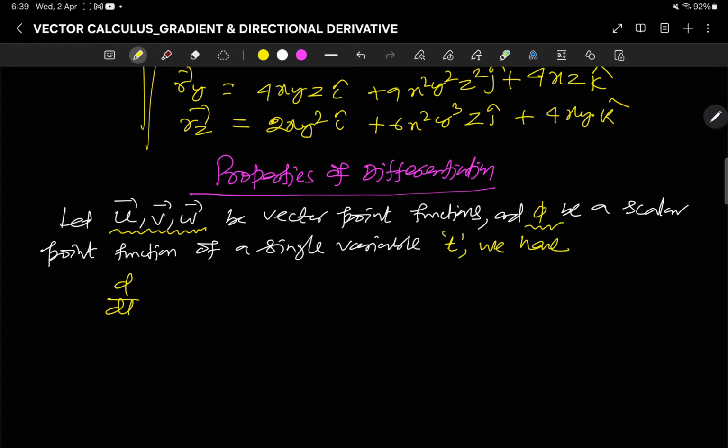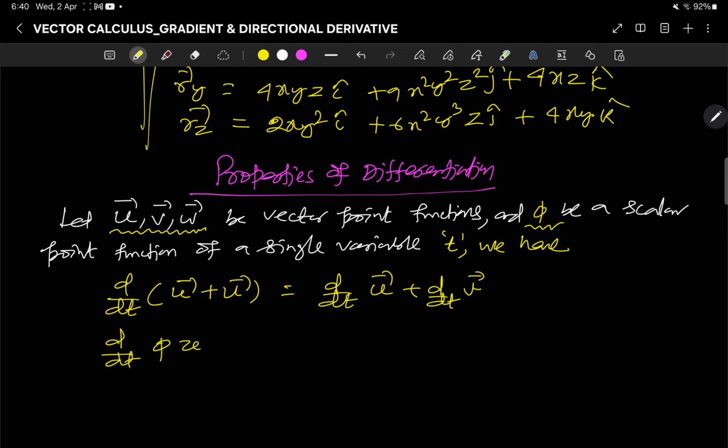If we take the addition of two vectors u plus v, then it is individually d by dt of u plus d by dt of v, right? Now if I take d by dt of phi u, where phi is a scalar point function, not a constant, then again the product formula: phi du by dt plus dv by dt.